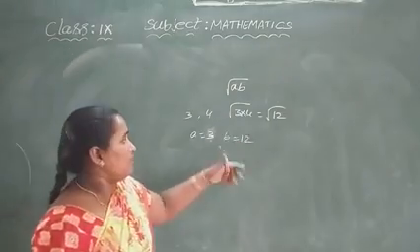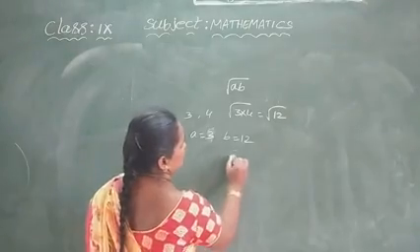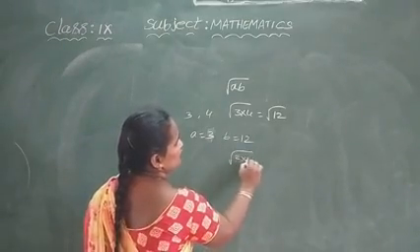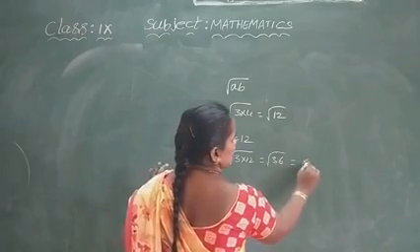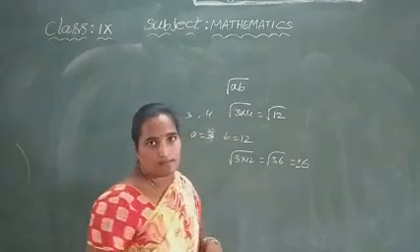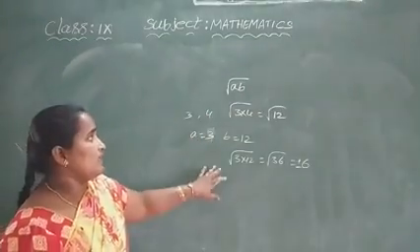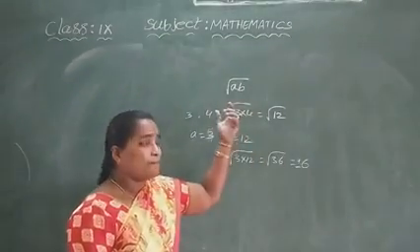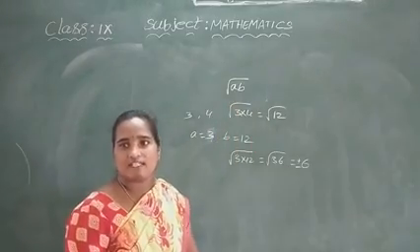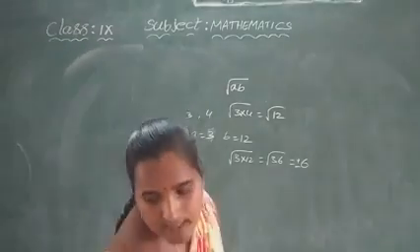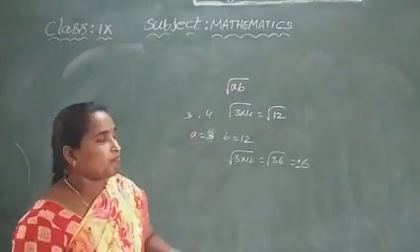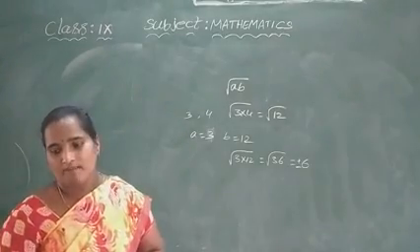These two are rational numbers. Then you take A into B, 3 into 12, that is 36. Root 36 is plus or minus 6. So that's why AB should not be a perfect square ma. This is to find an irrational number between any two rational numbers ma.